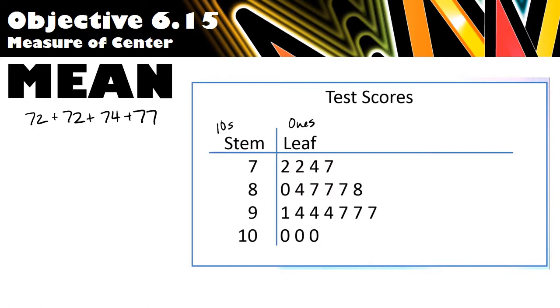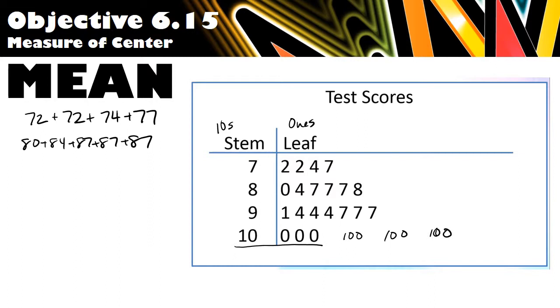And then we keep going, so we have 80 plus 84 plus 87 plus 87 plus 87. So we get the point here. All the way down until we reach 10 and some zeros here. We have 3 students that scored a perfect score on whatever test this was.